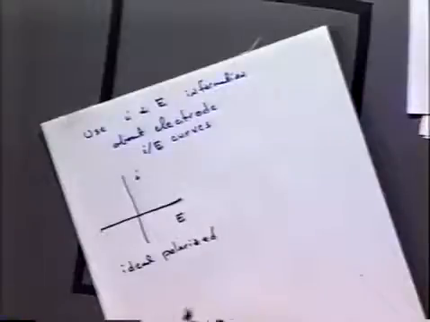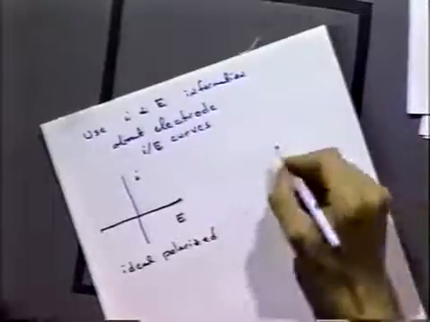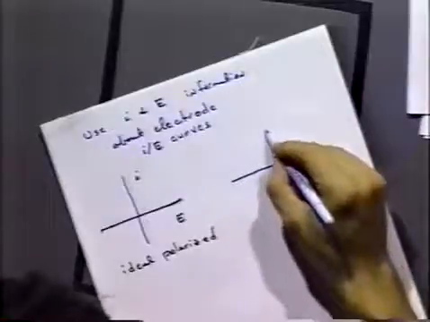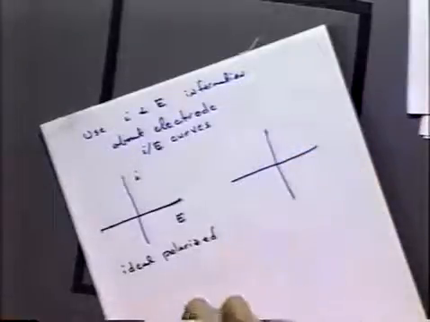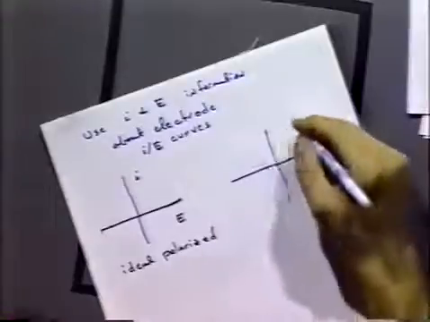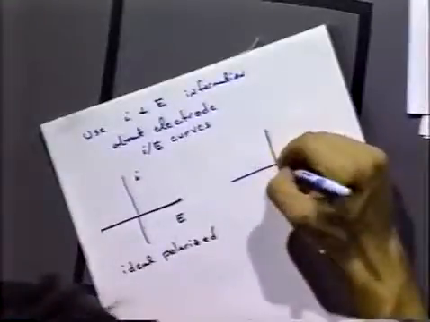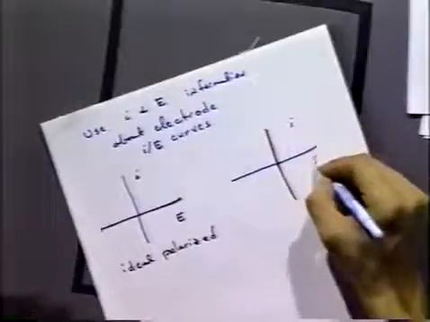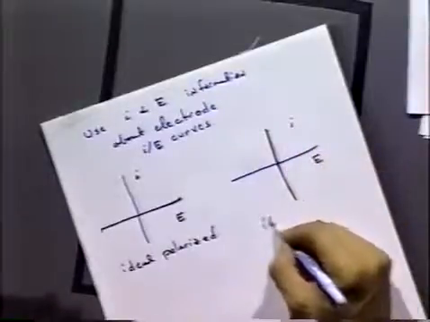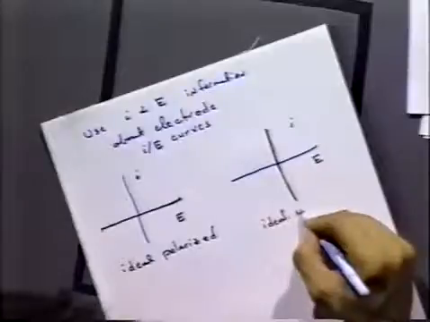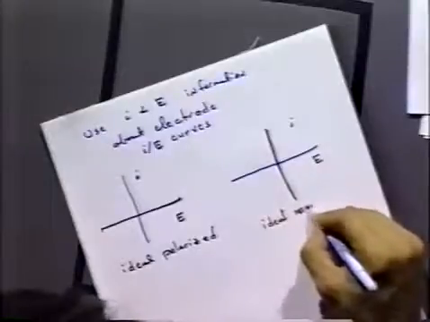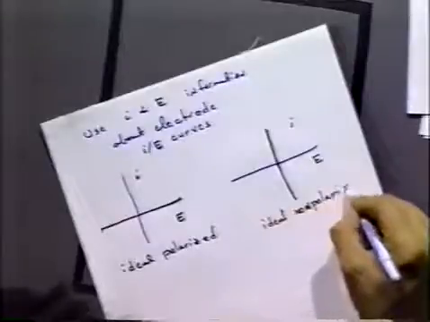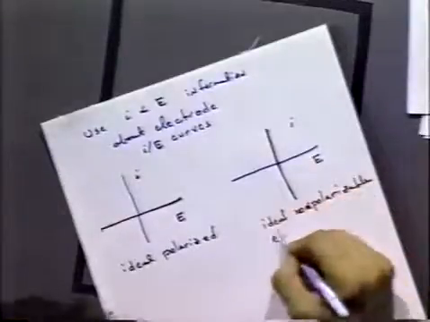And then we have the other type of electrode, which they would call the ideal non-polarizable electrode.